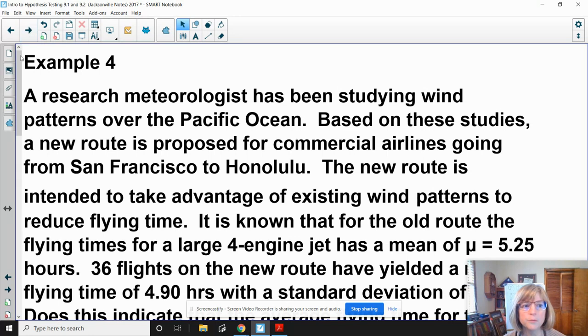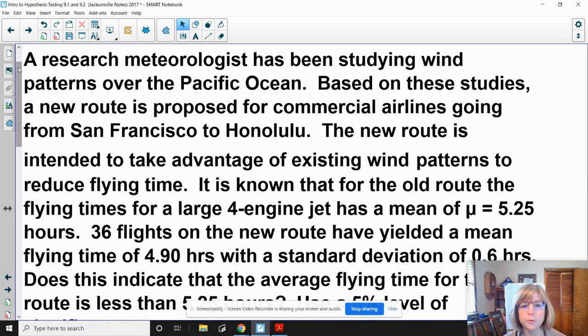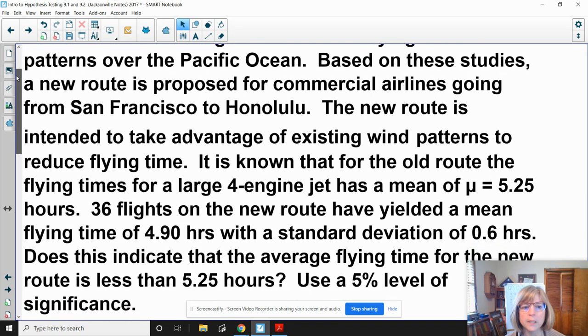So here's example 4, and we'll work through example 4. A research meteorologist has been studying wind patterns over the Pacific Ocean. Based on these studies, a new route is proposed for commercial airlines going from San Francisco to Honolulu. The new route is intended to take advantage of existing wind patterns to reduce flying time.